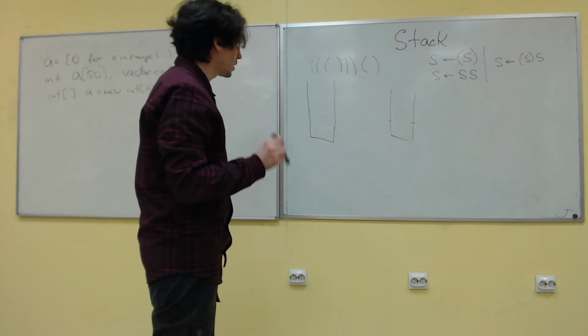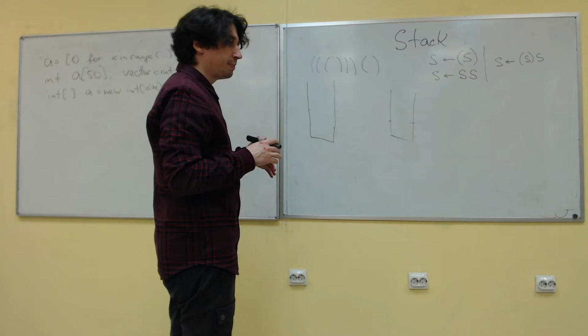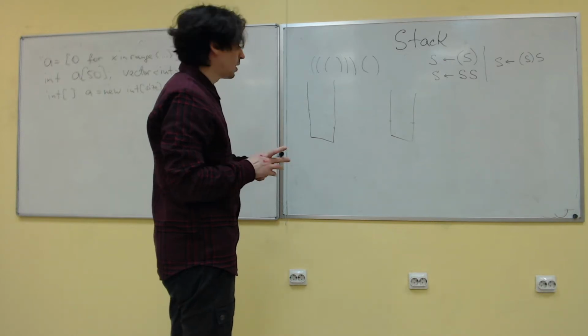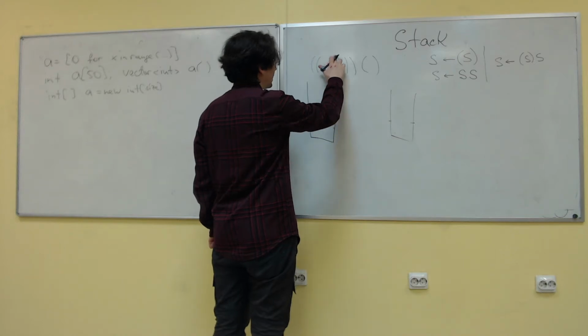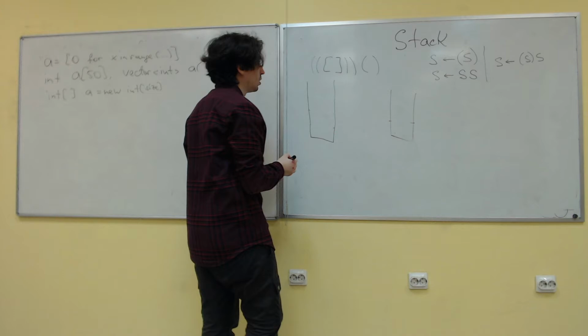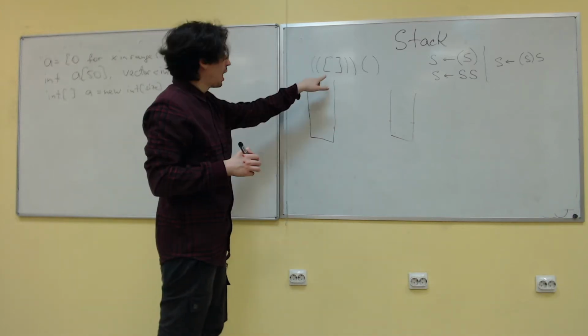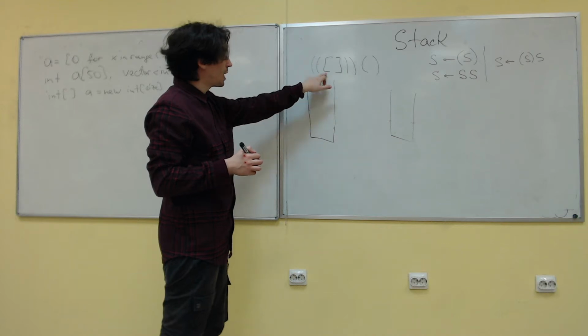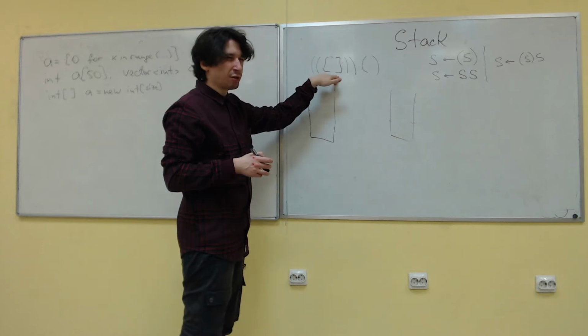Okay, that's good. But right now we improve the problem a little bit. The bracket sequence can consist of two types of brackets. We have open round brackets and closed round brackets, and open rectangular brackets and closed rectangular brackets.